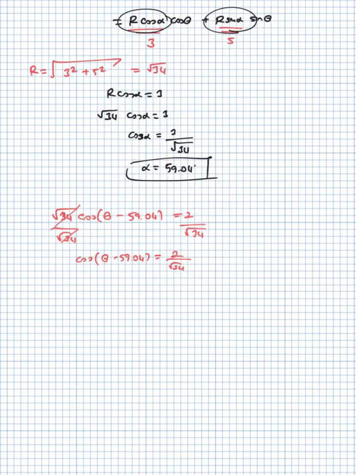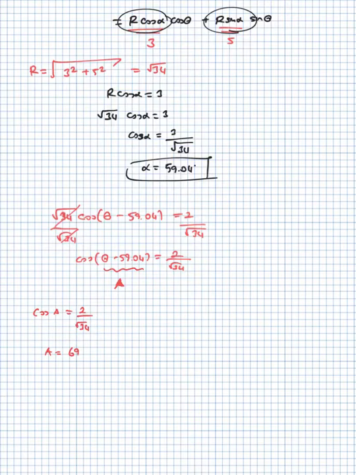So anytime we have an expression that is different than theta, it could be 2 theta, 3 theta, theta plus or minus something, we can replace it with a single letter, cosine A as an example. So let's write cosine A is equal to 2 divided by root 34. So what will be the primary angle that we can get here?